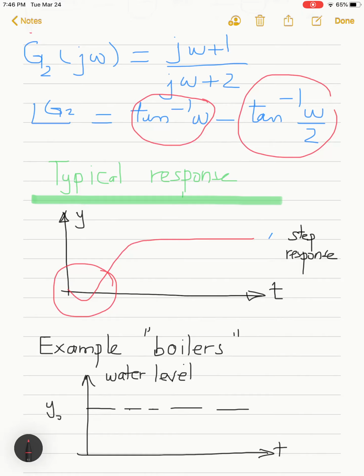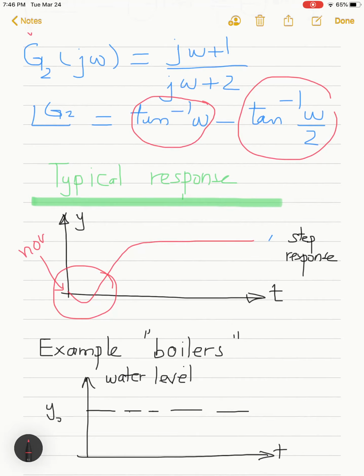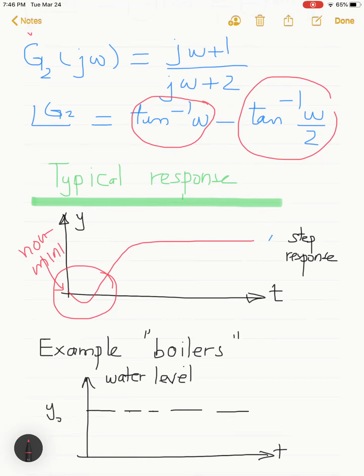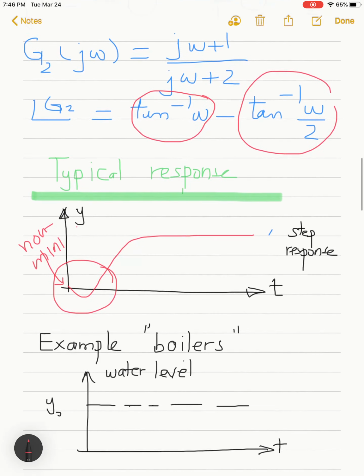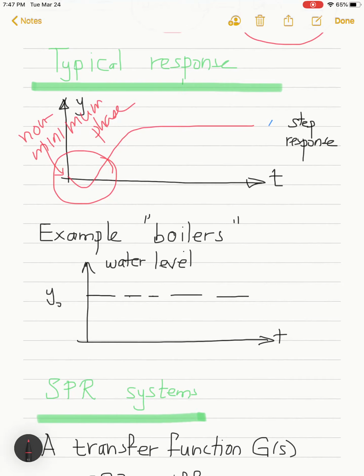So this kind of response reflects non-minimum phase behavior. Okay, actually it's not necessarily that all non-minimum phase systems would have this kind of response, but most likely they would. And a physical example of a system which is non-minimum phase would be the level behavior of a boiler.